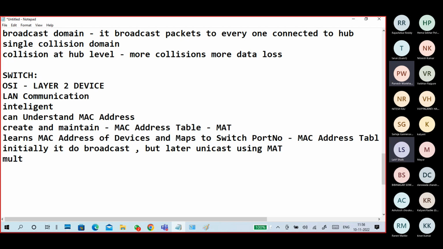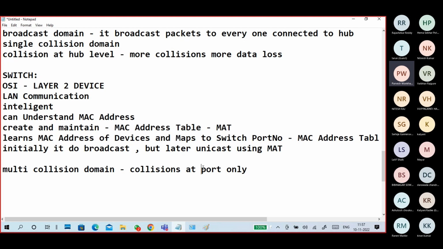This is a multi-collision domain. Collisions occur at the switch port only, not at your switch.